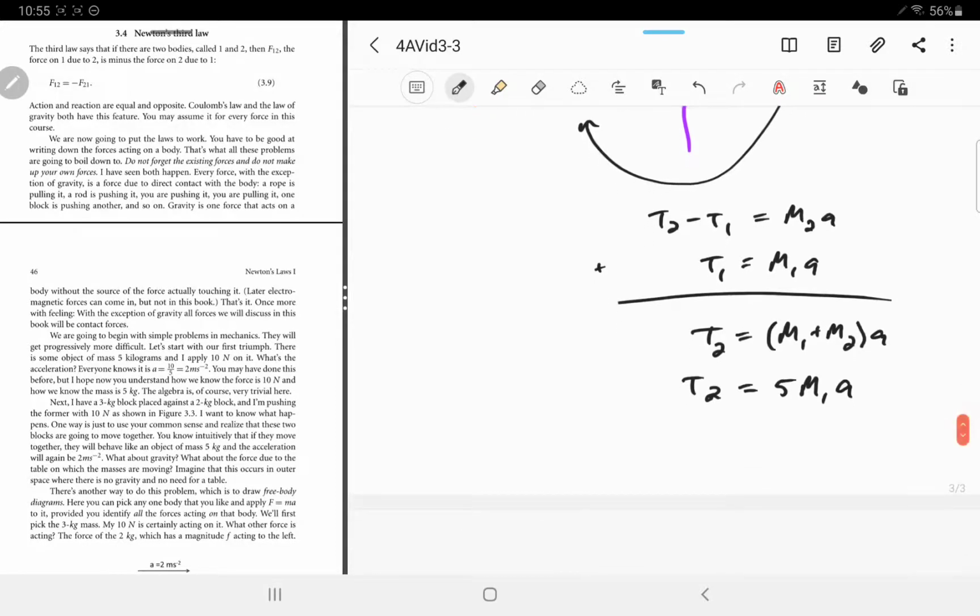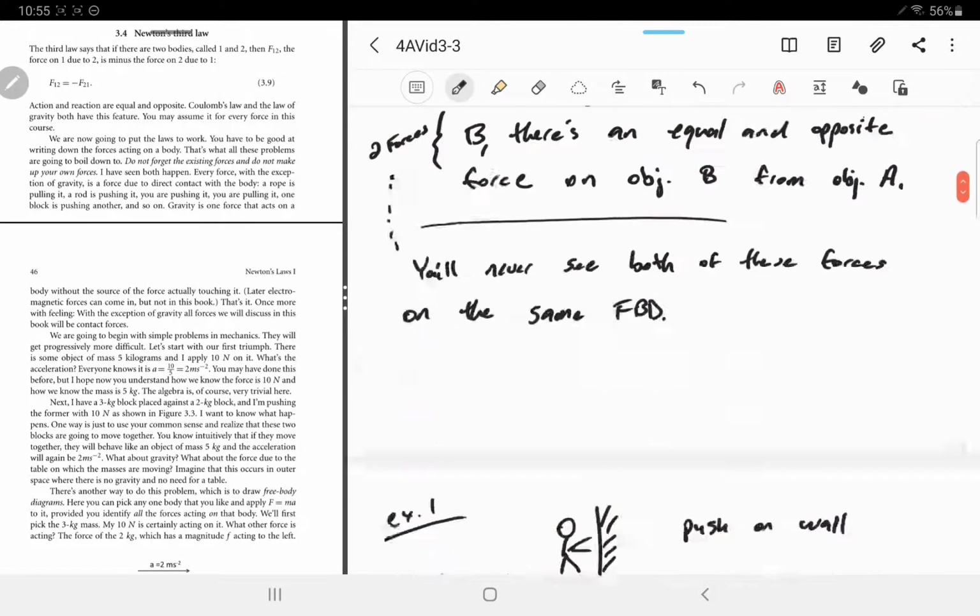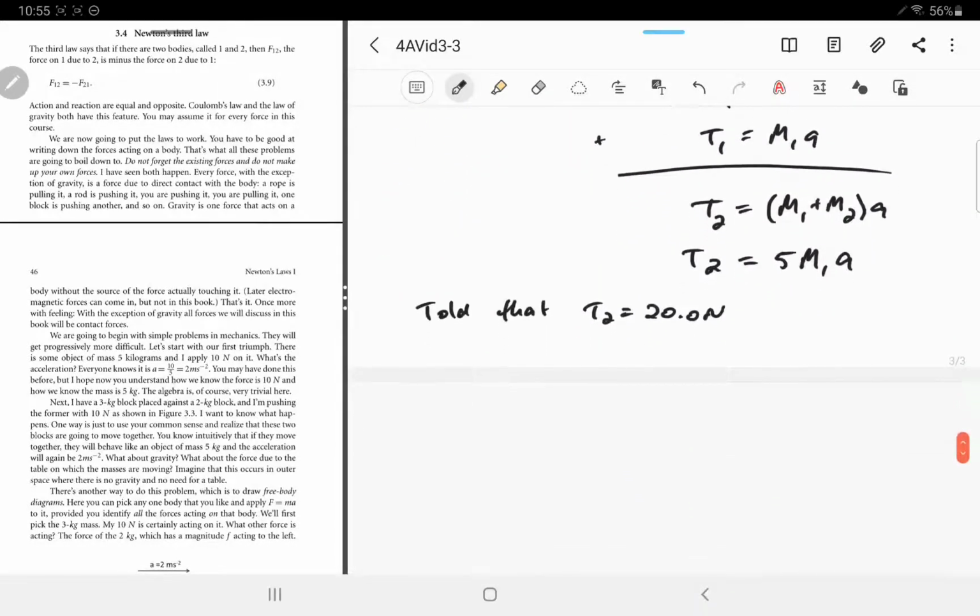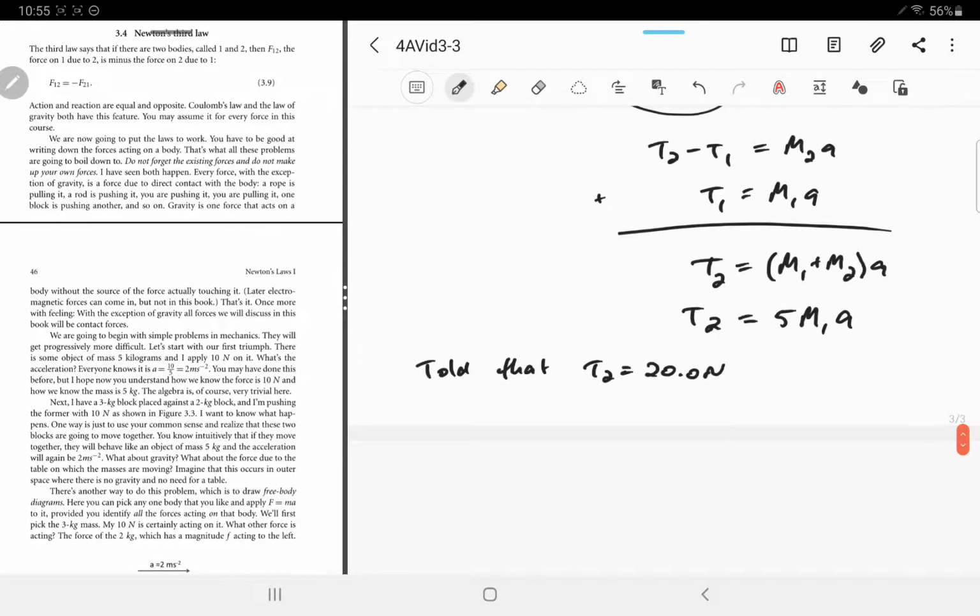Now we're told in the problem statement that T2 is equal to 20 newtons. I think 3 significant figures. So if 20 newtons is equal to 5M1A, then that means M1A is equal to, if we divide both sides by 5, 4.00 newtons.